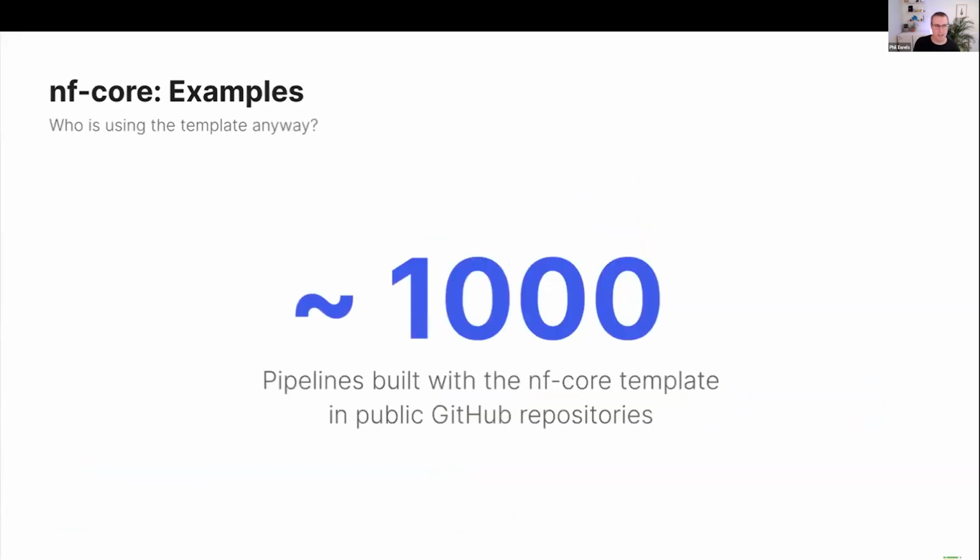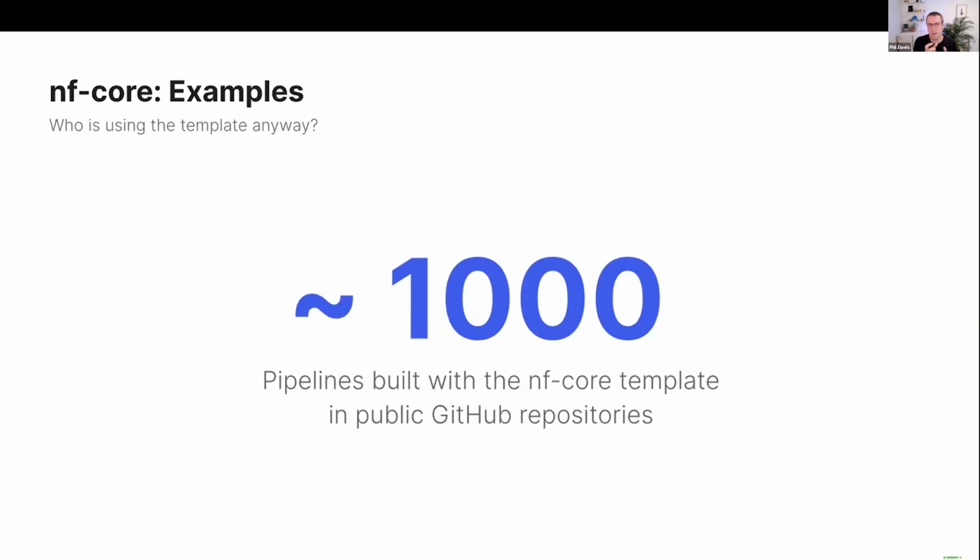And just out of curiosity, I couldn't help having a quick look on GitHub. What I did here is pull out a bit of random code within the NF Core template, which was pretty specific, and I searched GitHub for that string just to get a rough idea of how many people have public GitHub repositories that are in some way based on the NF Core template.